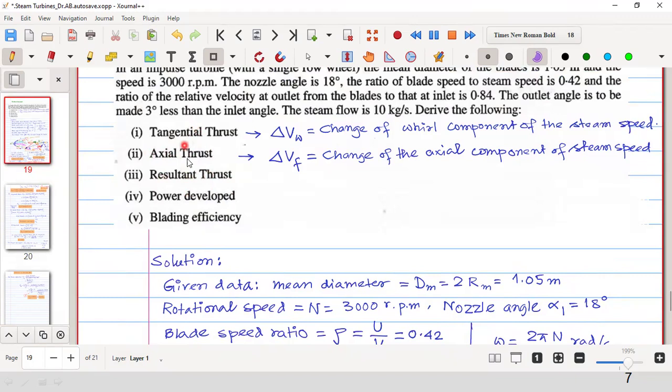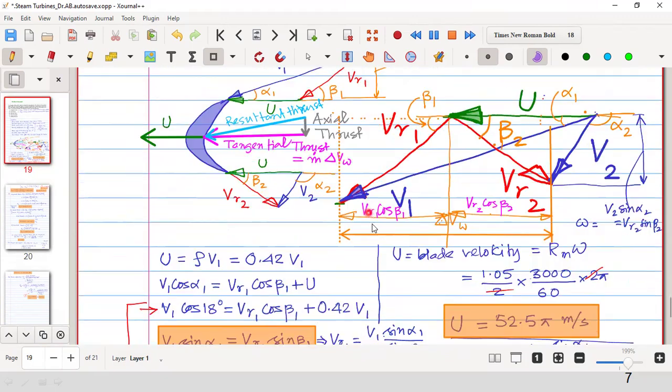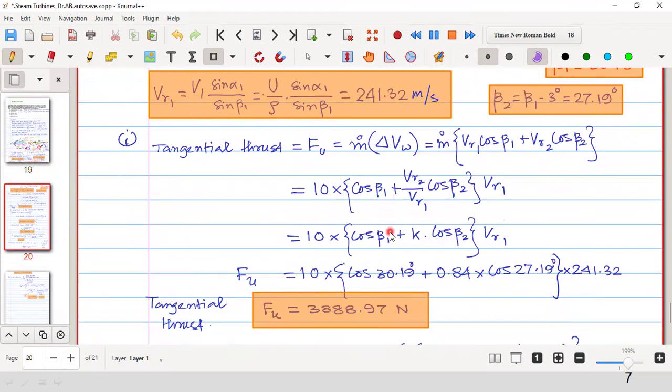Resultant of these two can be calculated by vector addition. Power developed can be calculated from the tangential thrust multiplied by the blade velocity, and blade efficiency is the power developed divided by the kinetic energy at the inlet. Okay.